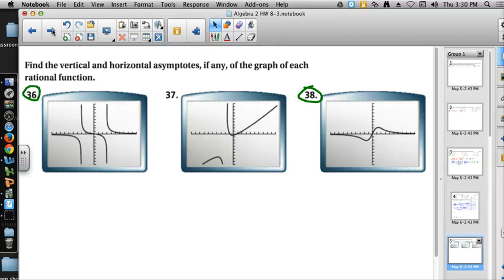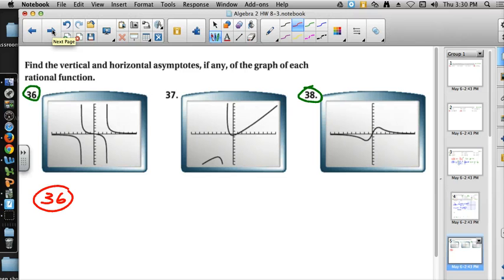Find the vertical and horizontal asymptotes, if any, of the graph of each rational function. So I take a look at the screen that they have in 36, and I'm thinking to myself, there's a vertical asymptote there, and another one right there. So then it's just a matter of counting the little notches, and that's going to be 3 and -3.